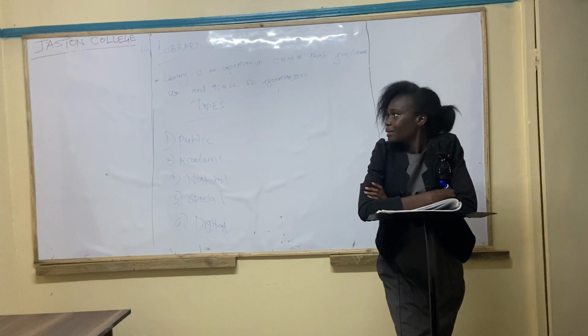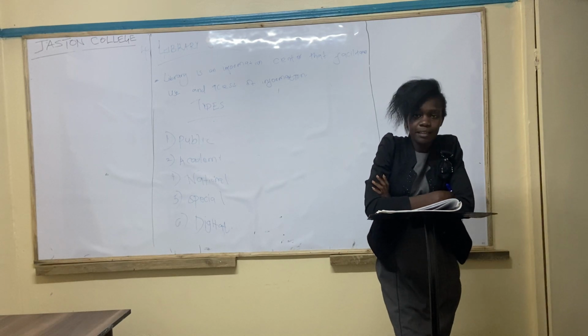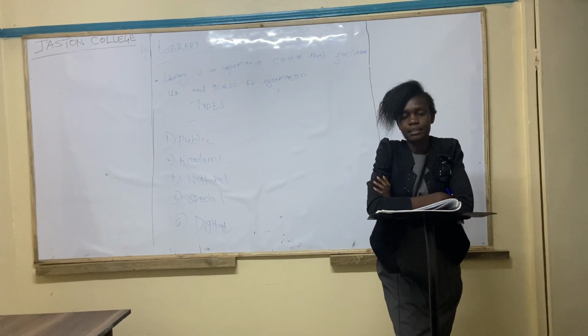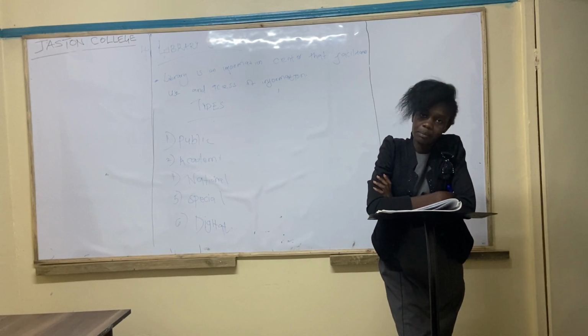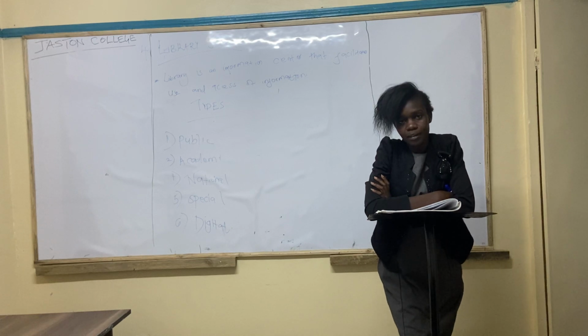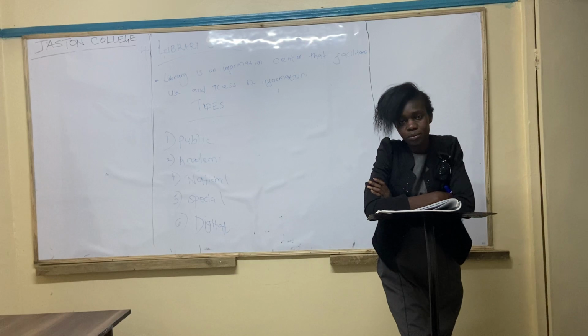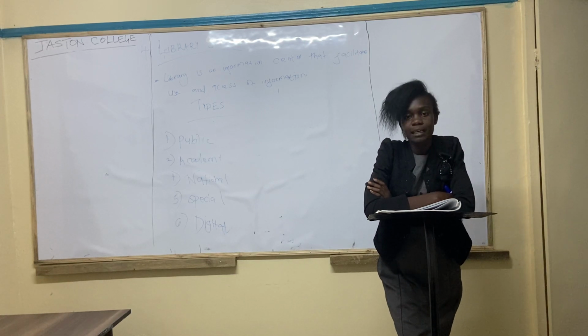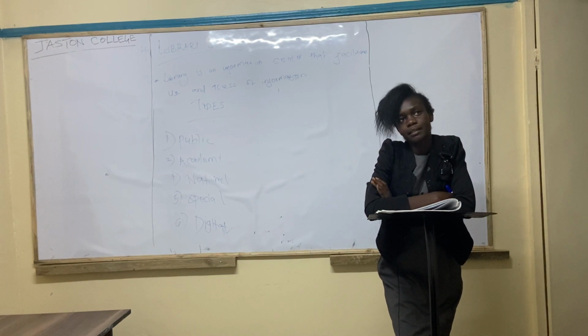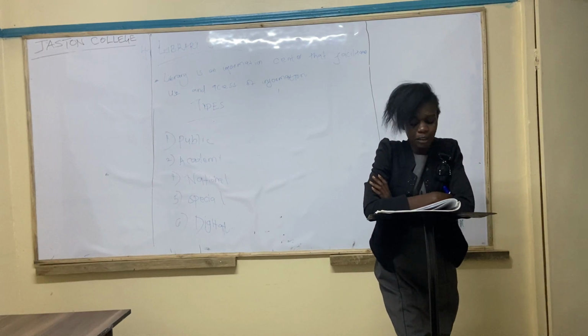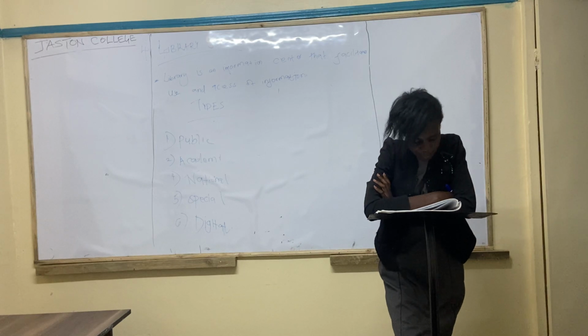So these public libraries provide a wide range of information to people of different age, from 0 to 100 years, and it has so much information like IT information, medical information, accounting information, and information all over.